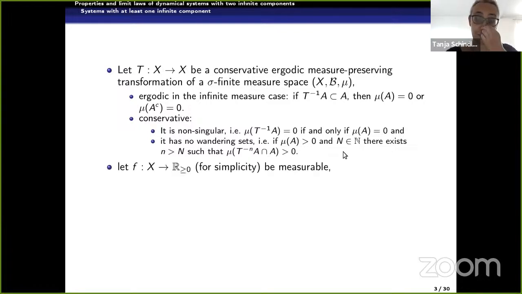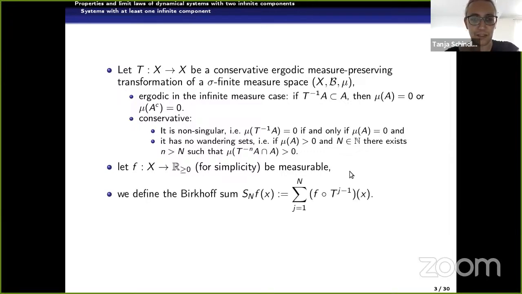And for the following, we assume that we have an observable which maps X to the reals, and we restrict ourselves to the non-negative reals because I don't like writing absolute values. And we define the Birkhoff sum in the usual way, where we take f composed with the j-th iterate of T and sum that up.